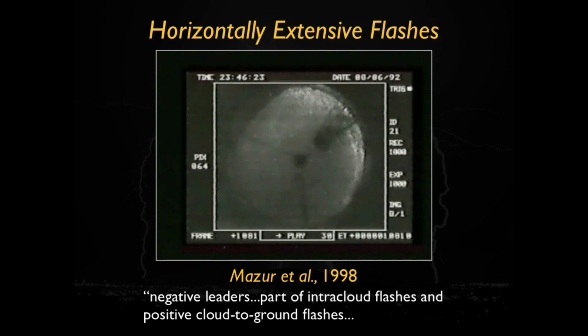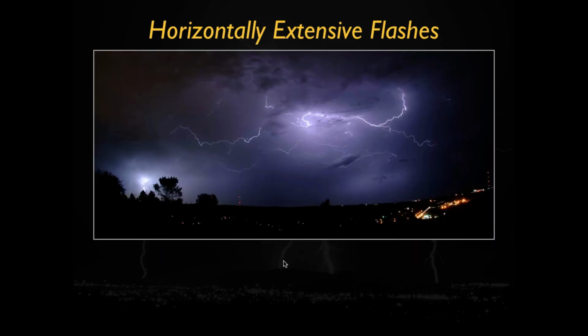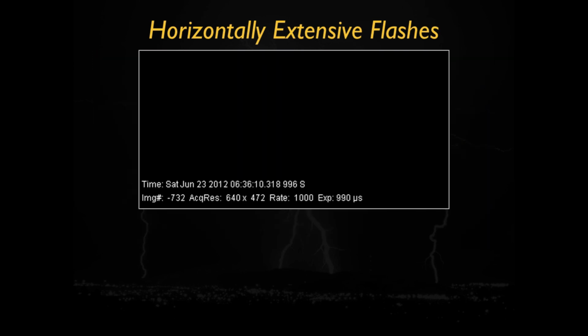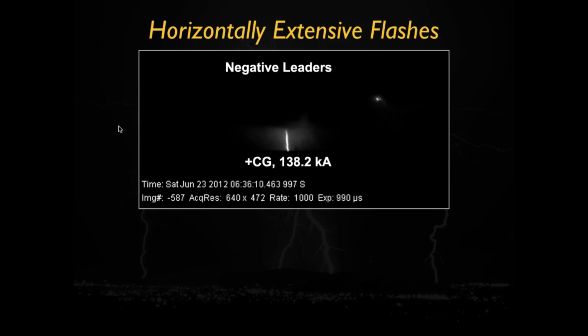In fact, quite often we see positive leaders, and we'll get into that in just a second. But here's an example of some horizontally extensive leader development, and these were in fact negative leaders. And here's an example of a positive cloud to ground flash in which negative leaders were propagating just below cloud base following the return stroke.